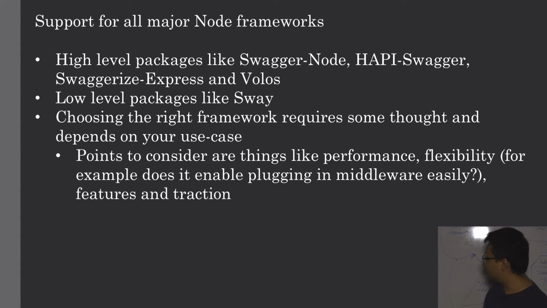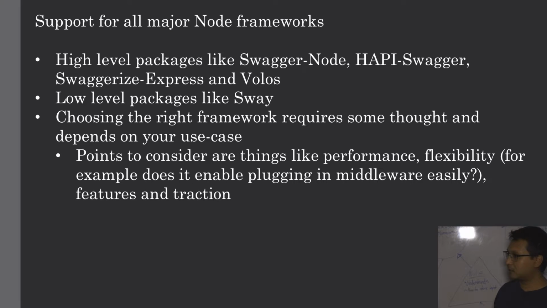So you should always think about performance because it's a machine-readable format using JSON schema. Parsing speed matters, whether your JSON is being parsed synchronously, asynchronously, whether it's streaming. Whether you have flexibility: when you're writing a Node server, you should be able to define middleware and things like that. Also, what features does it provide?